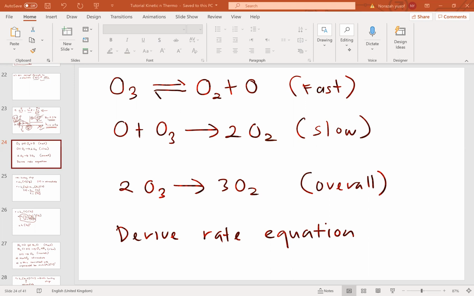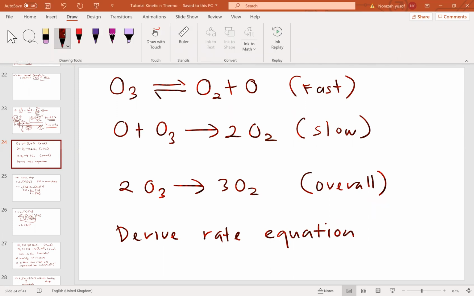Okay, so if you look back at the tutorial question, you will find this equation. O3 reversibly decomposes into O2 plus an oxygen atom.